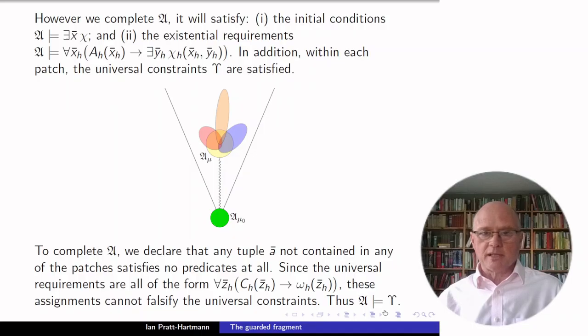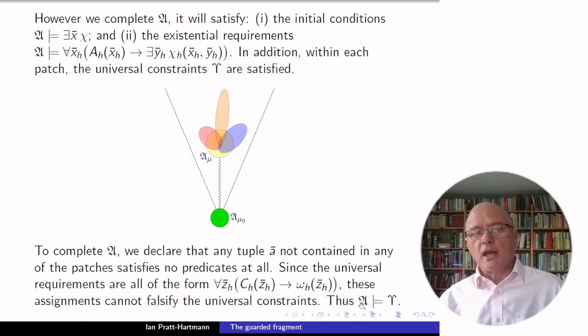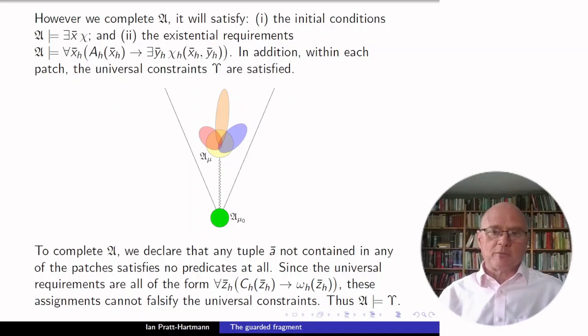If the algorithm terminates with success, we can construct a model A of phi. Notice that the model we construct is infinite, because we just keep going, this tree just keeps getting bigger. It's an infinite limit, so the model is in general infinite. And I'll come back to that in just a second.